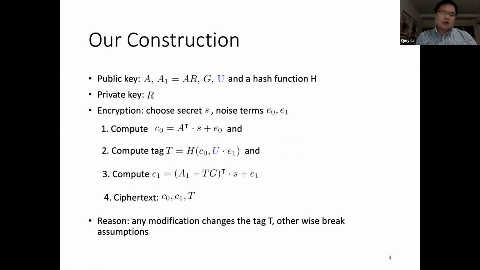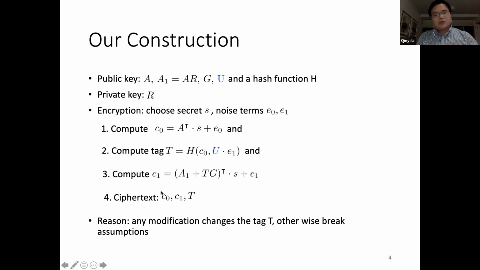So in our construction, we add one extra matrix U. Essentially we do a similar thing, but we compute this tag by hashing part of the ciphertext and U times E1, which is the syndrome hash of the noise E1.